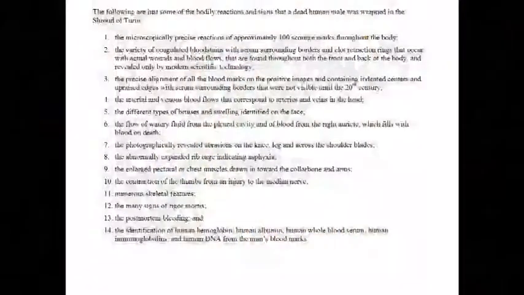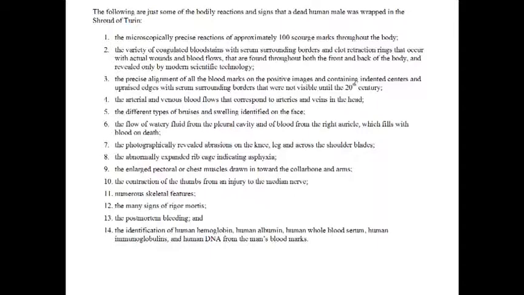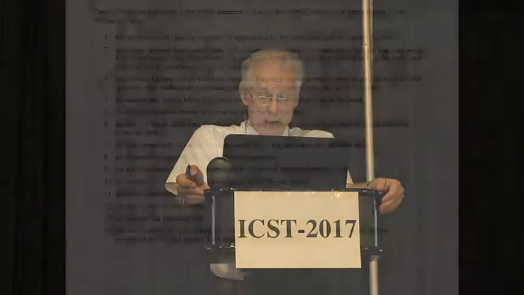the abnormally expanded rib cage indicating asphyxia, the enlarged pectoral or chest muscles drawn in toward the collarbones and arms, consistent with a crucifixion victim pulling himself up just to breathe, the several skeletal features on the fingers and on the spinal column and some on the forehead and the palm.